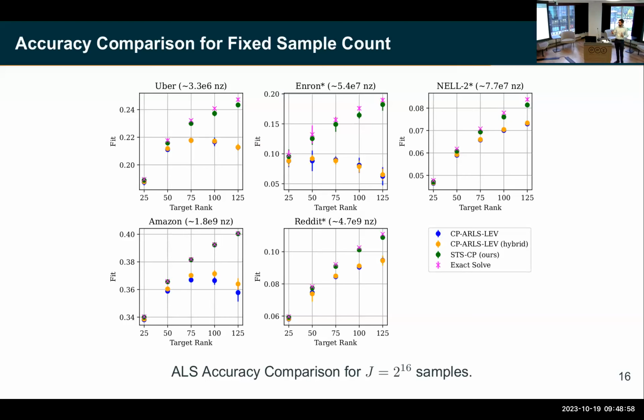So it's achieving good accuracy, and the fit is not degrading too much even as the target rank gets larger and larger. Whereas approximation algorithms like CP-ARLS-LEV have their fit degrade quite a bit for a fixed sample count as you increase the target rank. And we show in the paper that even if you were to increase the sample count, you incur a runtime deficit that doesn't help.